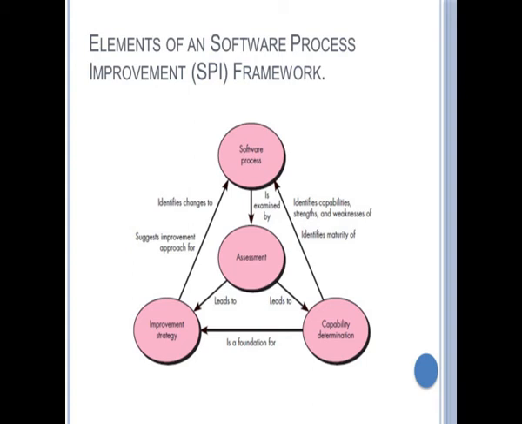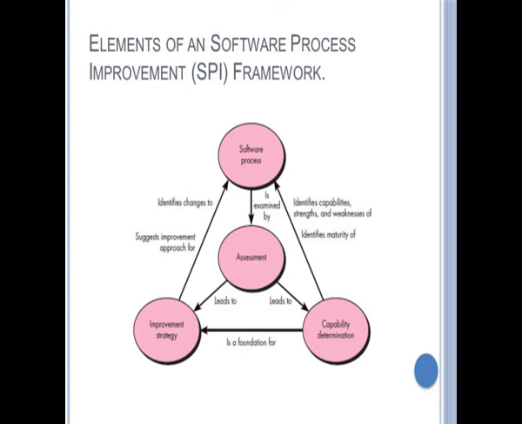Based on the assessment of the software process, improvement strategies and capability determination are decided, which determines further improvements or the maturity determination of the software process.